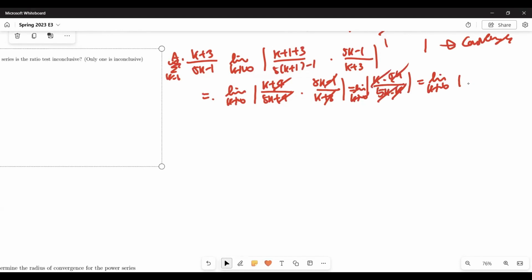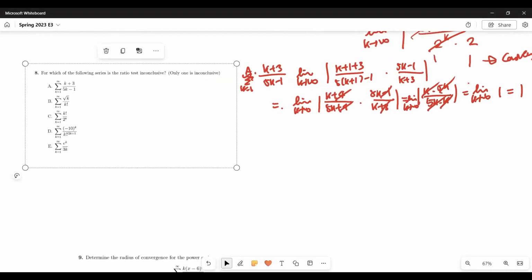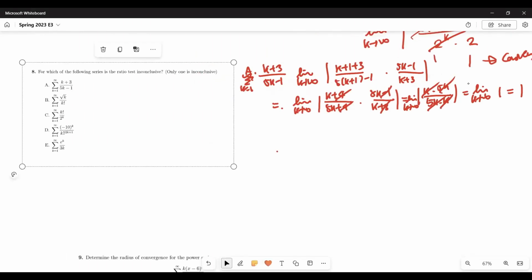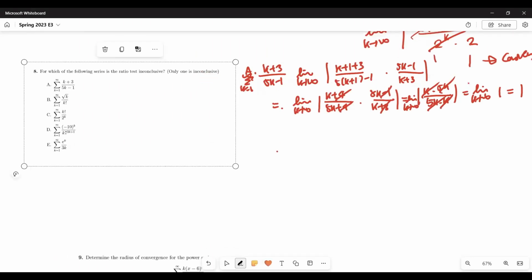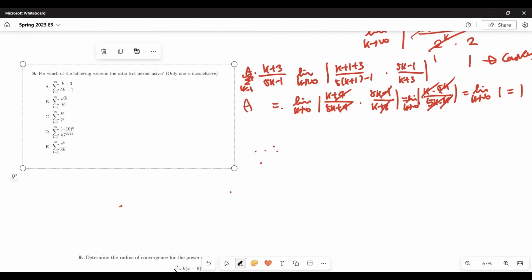You get the result of 1 for the ratio test. And you know that for the ratio test, if you get 1 as the result, it's inconclusive. That means A is our answer, right? I can't click on it apparently, but okay, A is our answer.